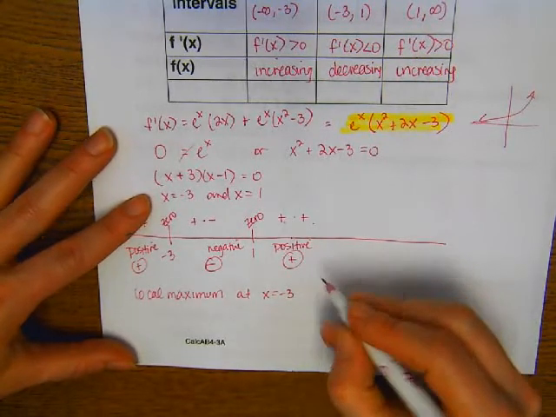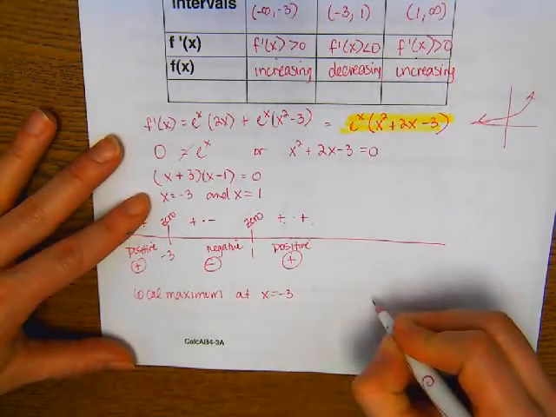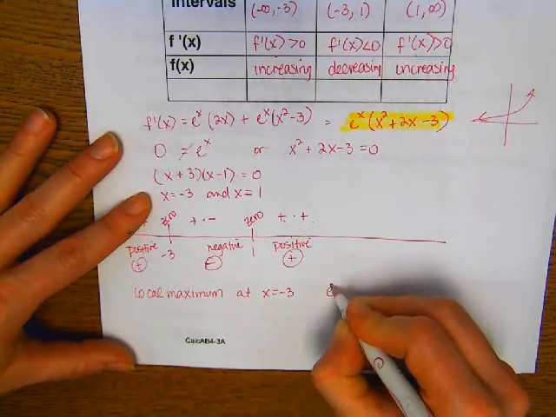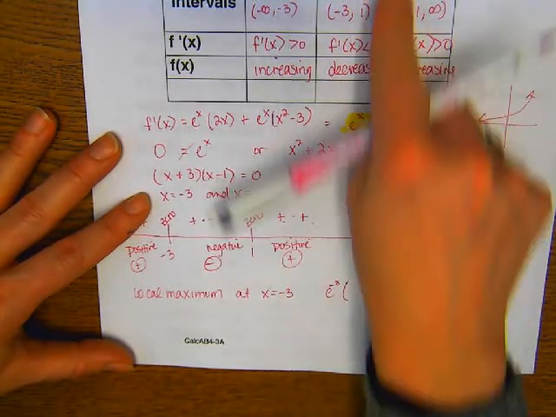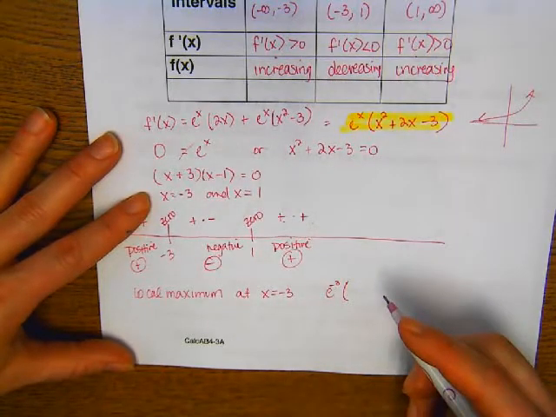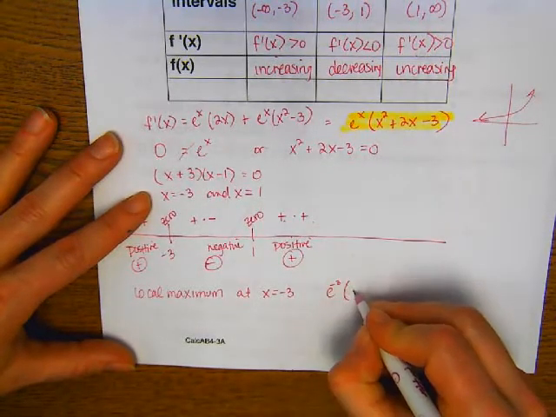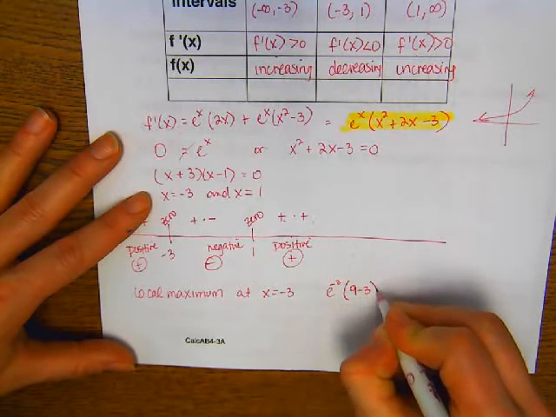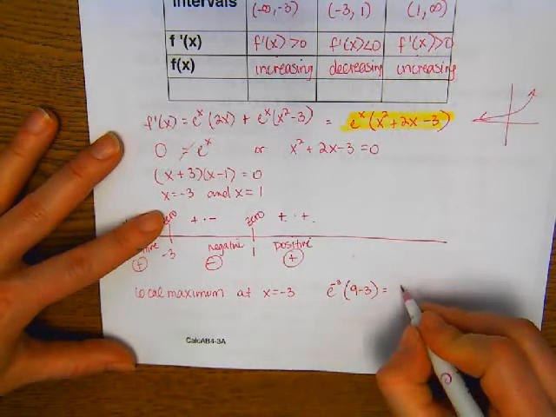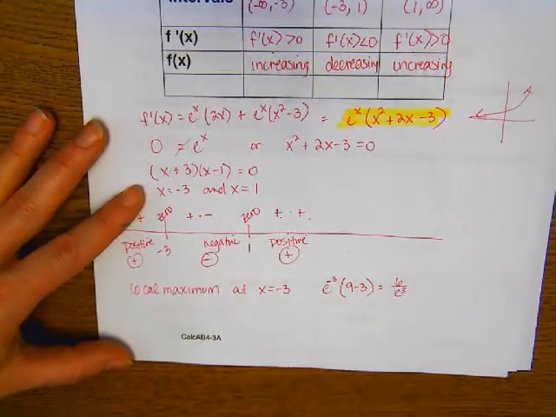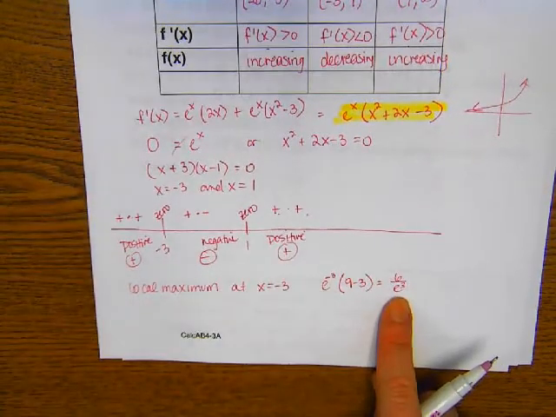And if I wanted to find out what the maximum was, that would be e to the -3rd, looking at the original function, times 9 minus 3. That would be 6 over e to the 3rd. I don't know what that is exactly, but if we wanted to leave it, we could.